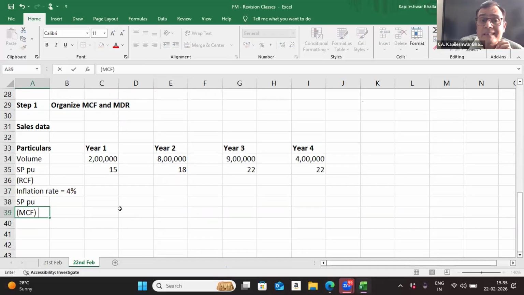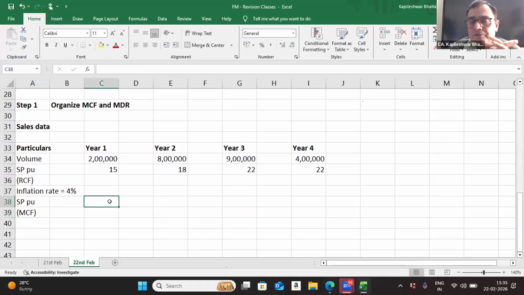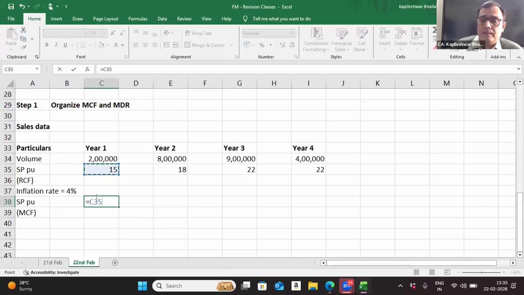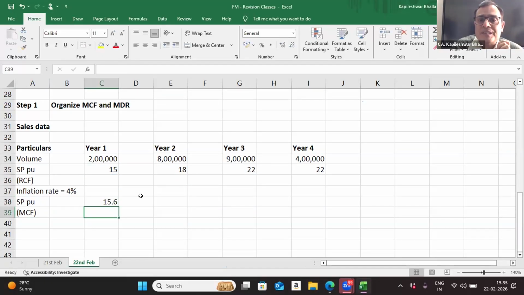Help me in organizing this in MCF. Can I say 15 into 1.04 for the first year? We take this 15 and multiply it with 1.04, and you get the answer 15.6.